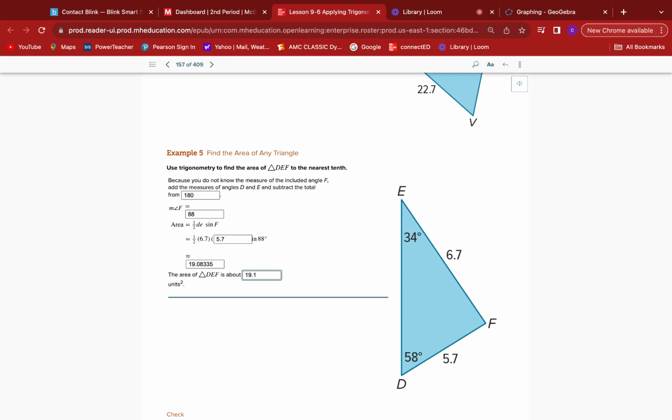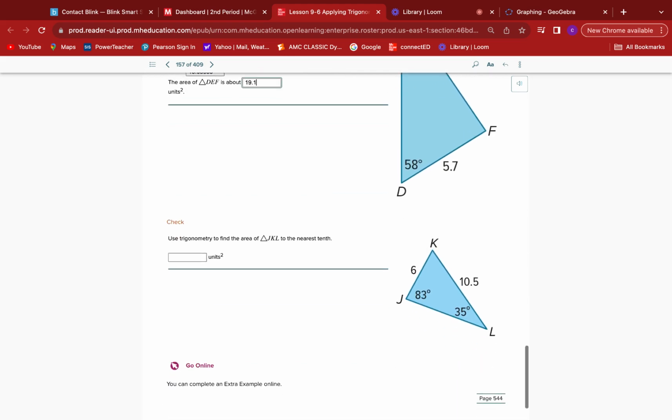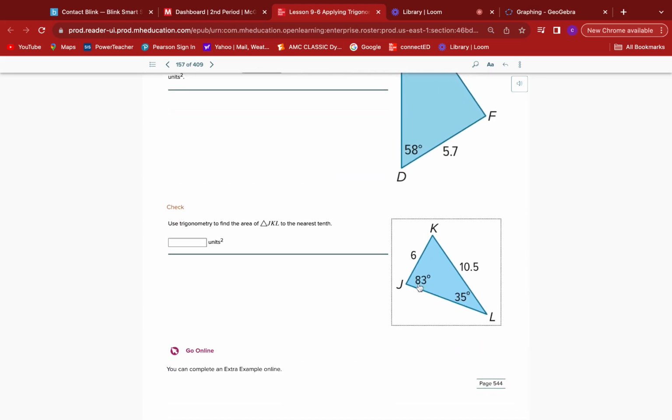All right, running out of time there at the end because my classes are about to come in. Oh, y'all, do this on your own. Do the same thing. 180 minus 83 and 35 gets you angle K. And then put in 1/2 times 6 times 10.5 times the sine of whatever you get when you subtract 180 minus 83 minus 35.